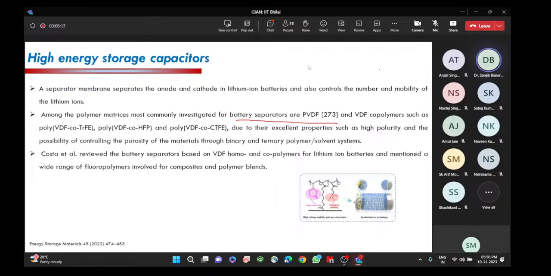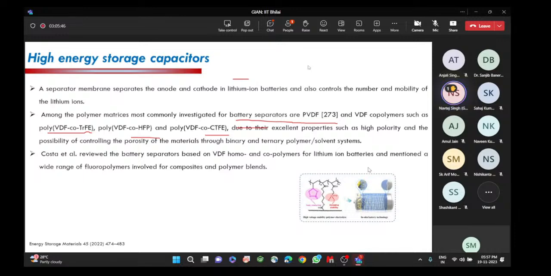And there are some copolymers such as poly-VDF co-TrFE, that means poly-VDF copolymer with trifluoroethylene, poly-VDF copolymer with HFP, meaning hexafluoropropene, and copolymer with CTFE, or chlorotrifluoroethylene, all those things.